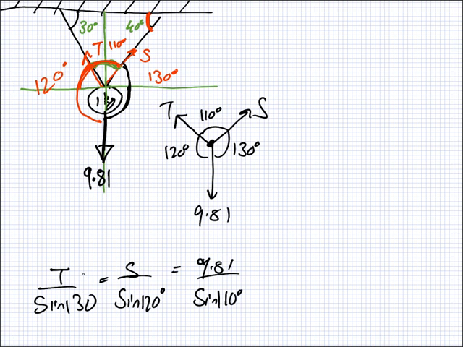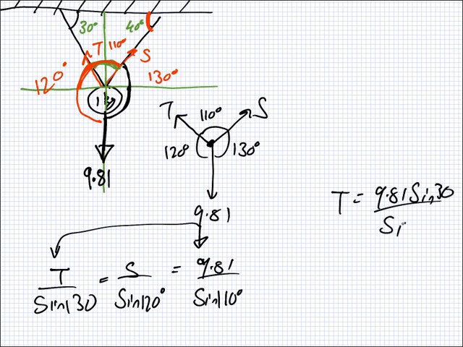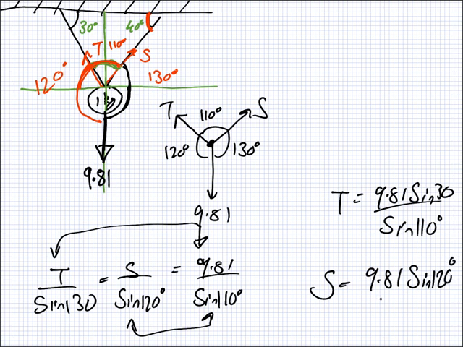So you can take this one with this one and get T equals 9.81 sine 30 over sine 110, right? And then you could take this one with this one, and you can get S equals 9.81 sine 120 over sine 110. So we are finished.